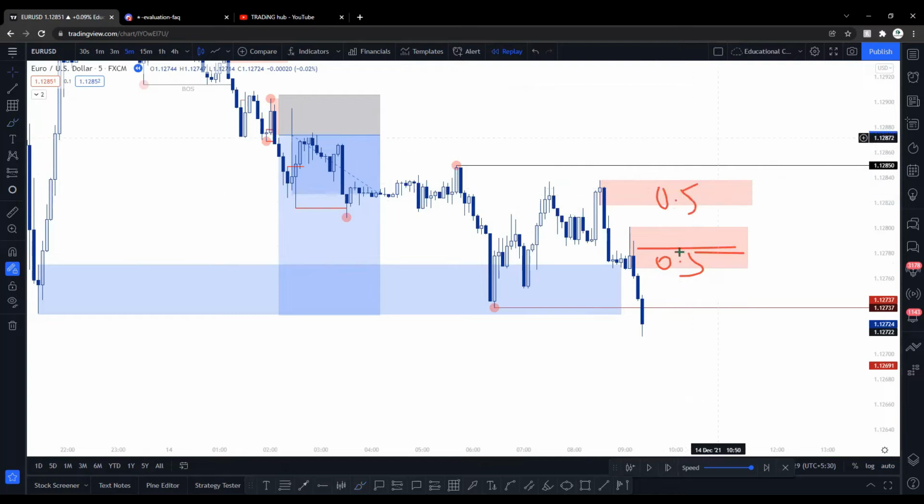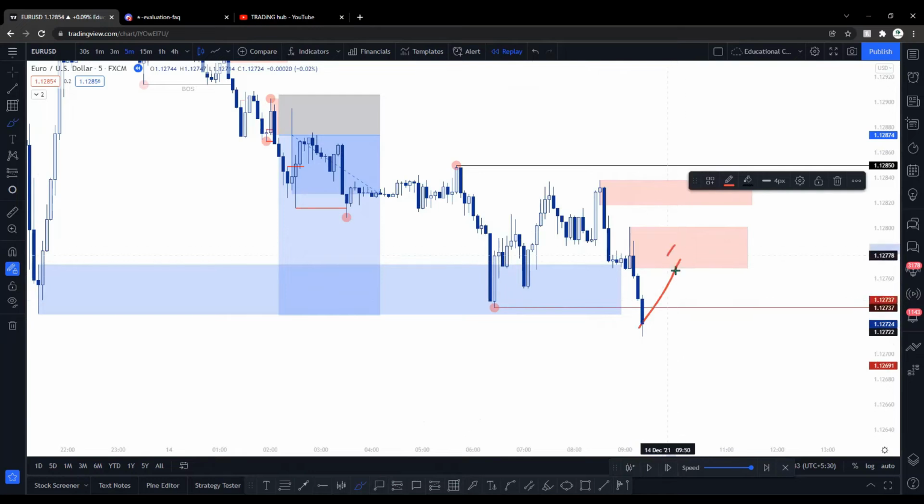Okay, so this is the first scenario, and the second one is here. If this happens in a little bit higher time frame, like 5 minute, 15 minute, and 1 hour, then we can wait for the mitigation and wait for the price reaction in a lower time frame. Like this one is a 5 minute, then wait for the 1 minute lower time frame confirmation entry.